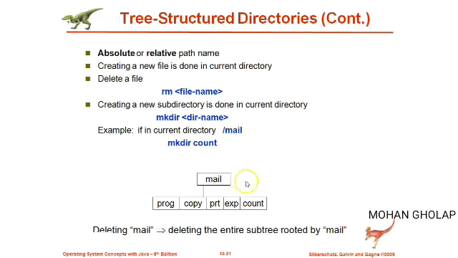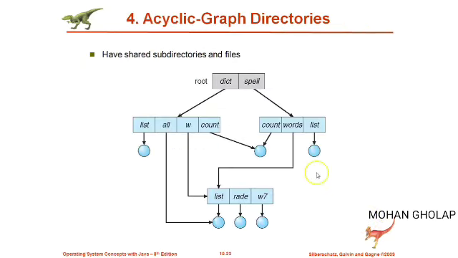This is shown here. When you delete this mail, you are deleting the entire subdirectory rooted at mail, which means all these subdirectories will also be deleted along with the mail directory.